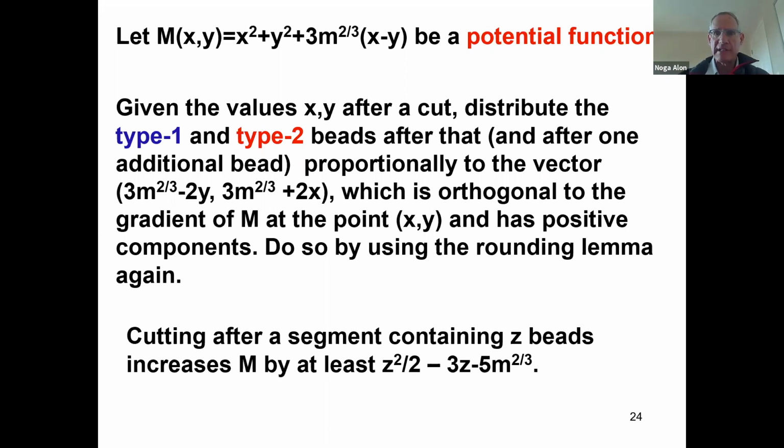And cutting after a segment containing z beads, it increases m by at least z squared over 2 minus some correction. The correction that I wrote here is 3z minus 5m to the 2/3. So if z is very small, then maybe it can even decrease the potential function. But if z is somewhat big, then it already increases it. Okay.